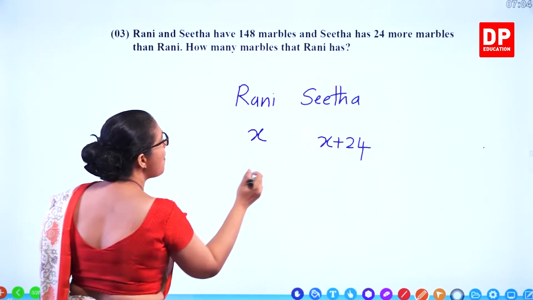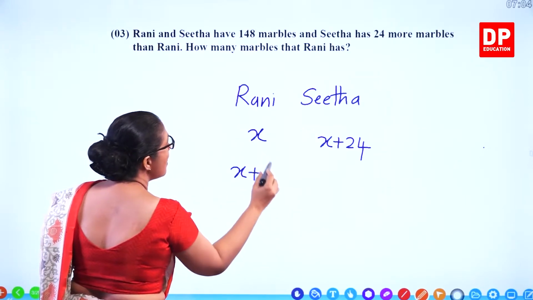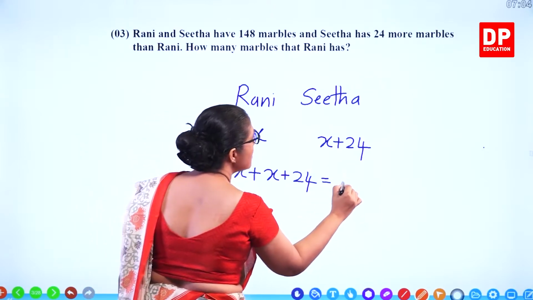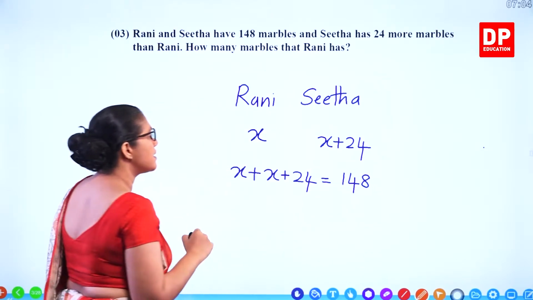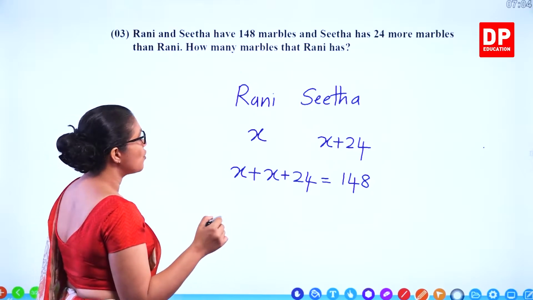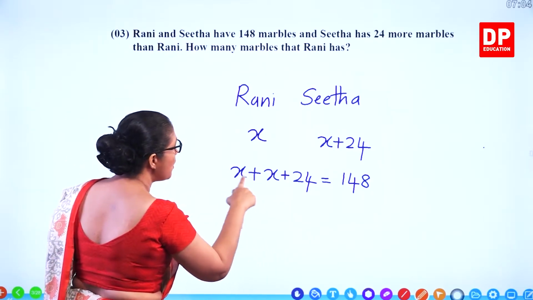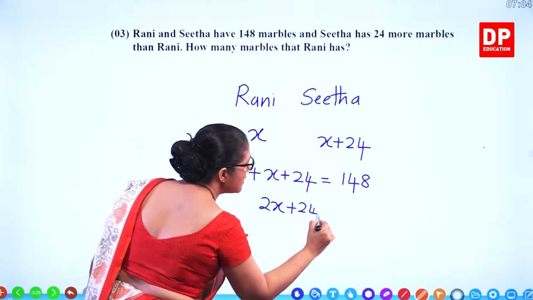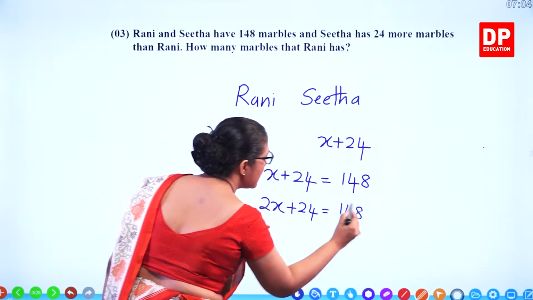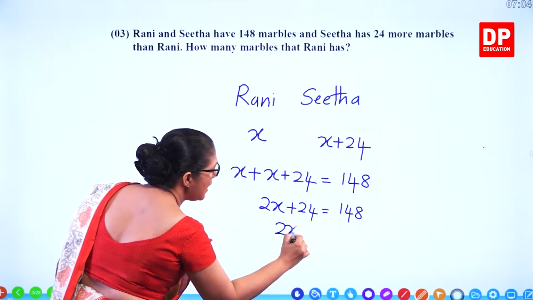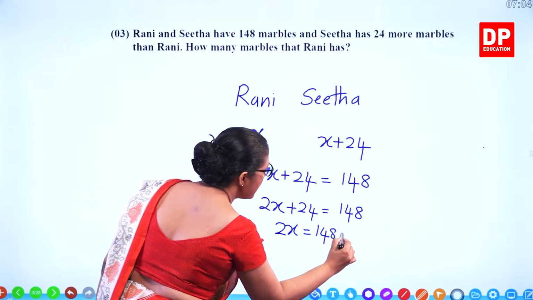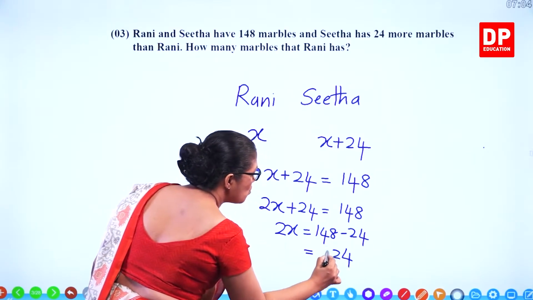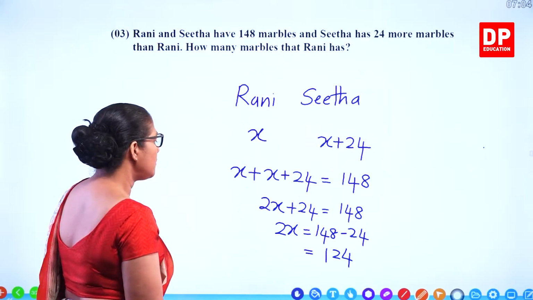The total number of marbles is equal to 148. So you can add it. How do you find x? Solve the linear equation. x and x becomes 2x plus 24 is equal to 148. Now take 24 to the other side. 148 minus 24 gives 124.